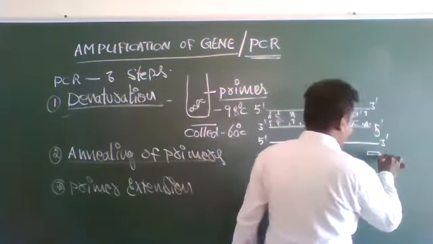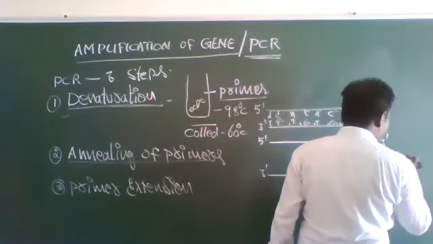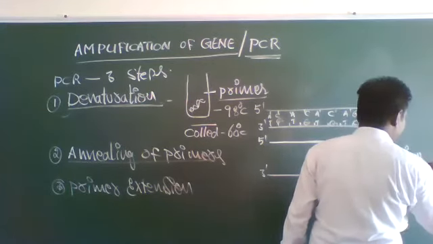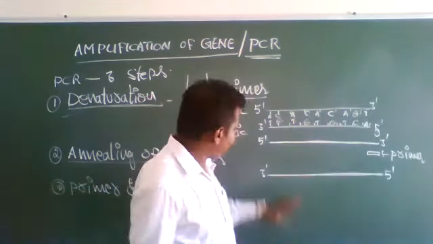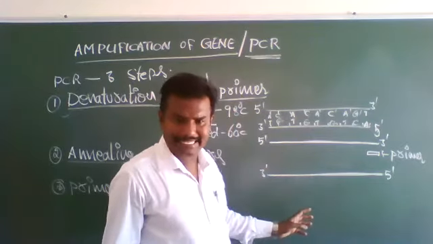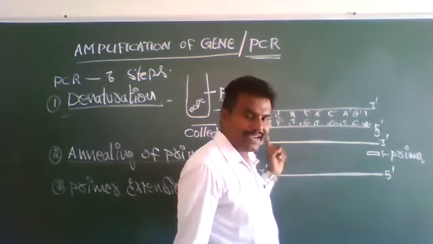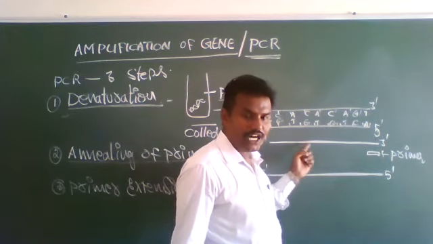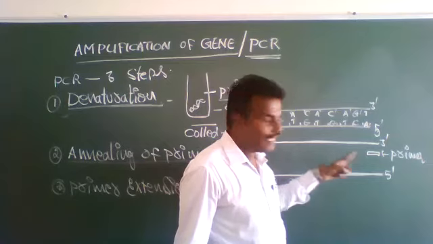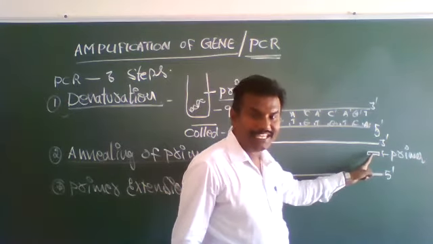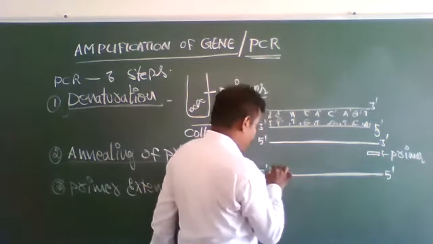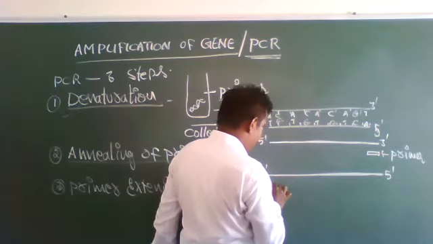This is called primer. When it is cooled to 60 degrees centigrade, the single strand automatically, according to the complementary, reassociates by joining primer. Here also, by joining primer.